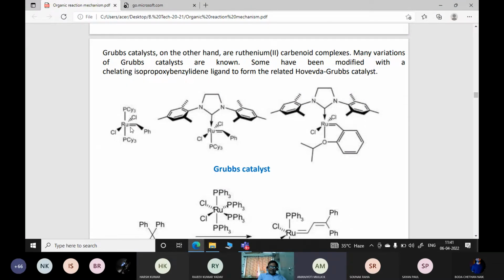At the same time, ruthenium is attached to a carbene, a carbon-metal double bond. That is very important because it is, I will not say a new area, but it is developing, and it helps us to synthesize different compounds.